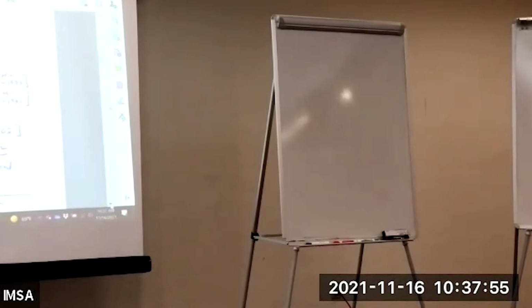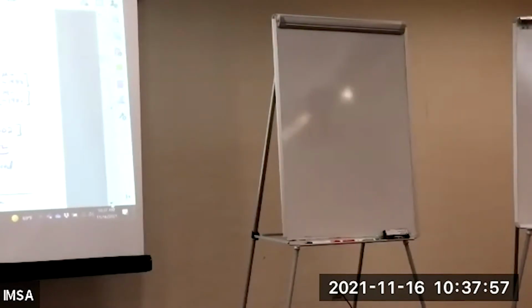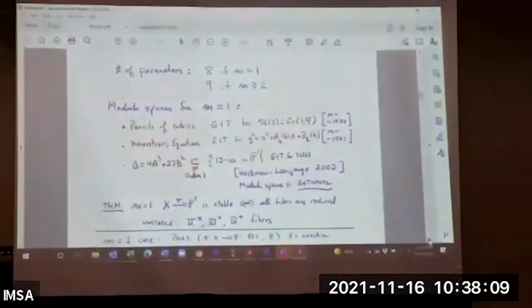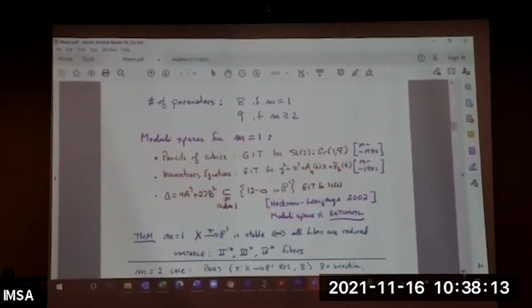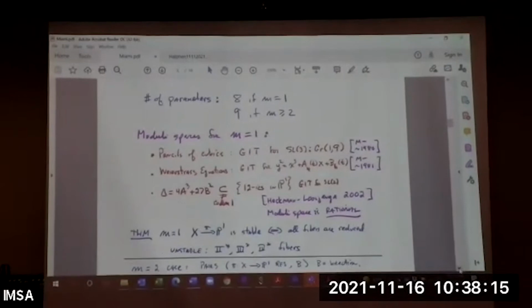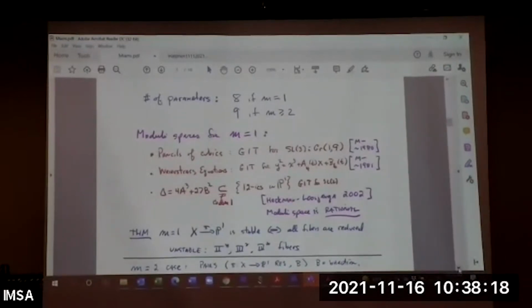If you count that, there are 8. It's an 8-dimensional family. Cubics form a 9-dimensional linear system in the plane. A pencil of cubics is a line in that 9-dimensional space. So you have a Grassmannian of lines in P9, but you have automorphisms of the plane that act, and when you subtract the automorphisms, you get an 8-dimensional space. For all of the higher index ones, it's a 9-dimensional space.